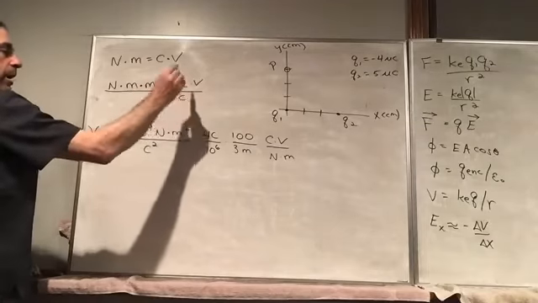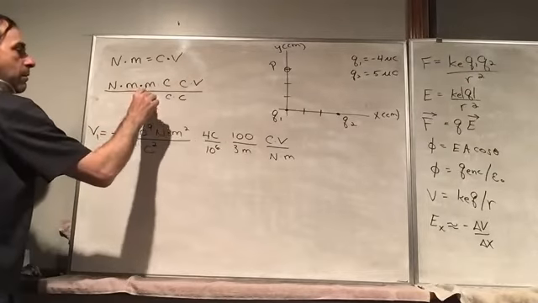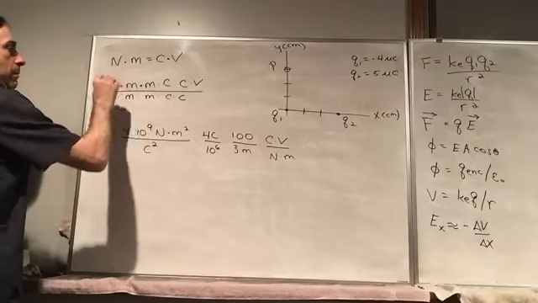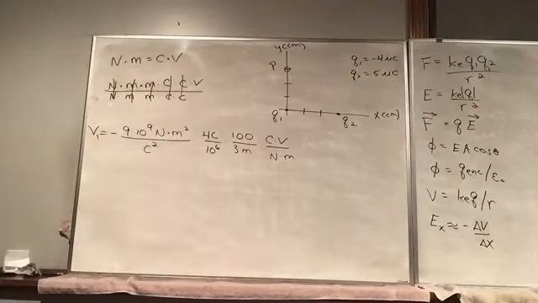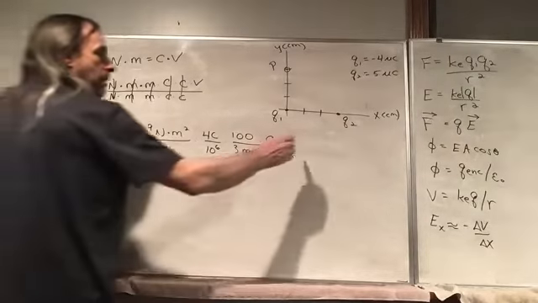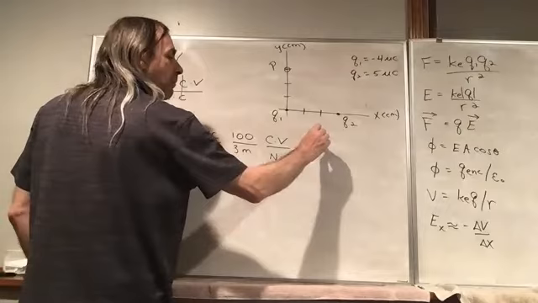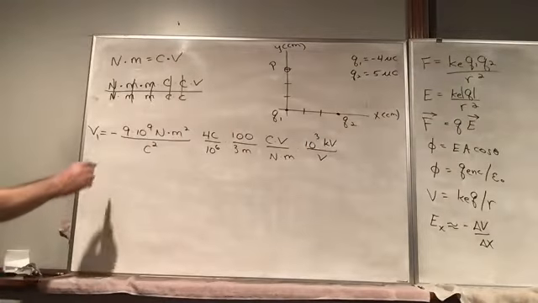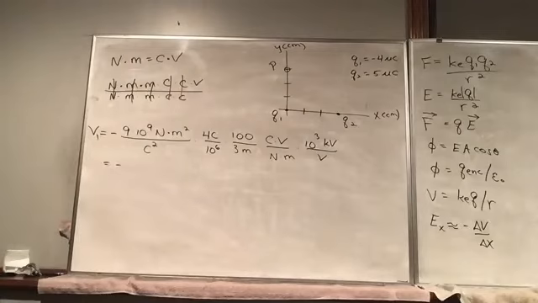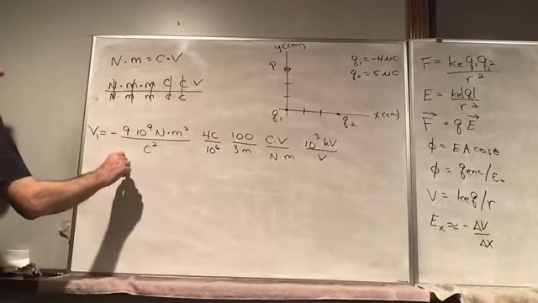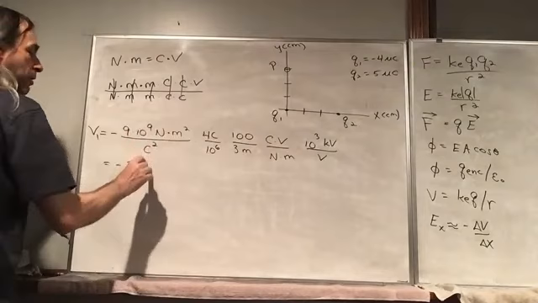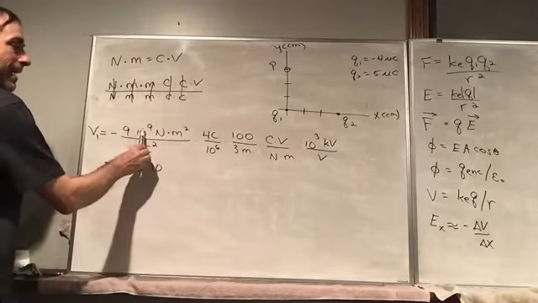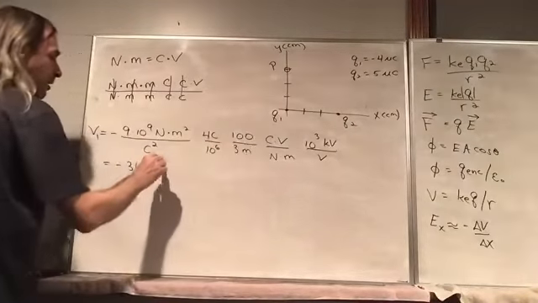So we have coulomb squared, meters, and then newton meters. So we will get volts out of this. We'll get kilovolts, because let's go with kilovolts. So it's negative because Q1 is negative. We have 36 on top, 9 times 4 is 36.